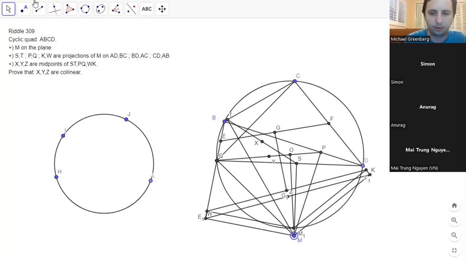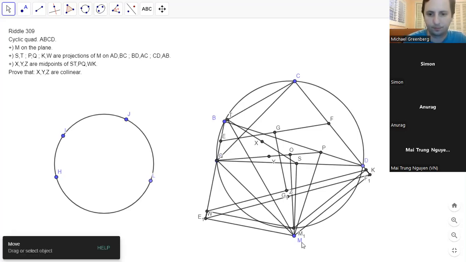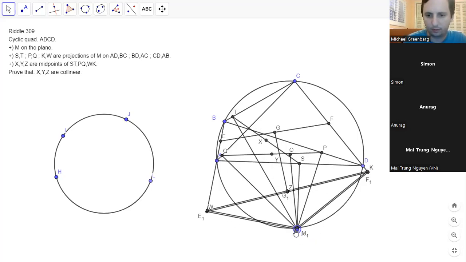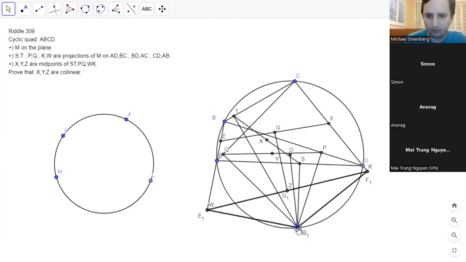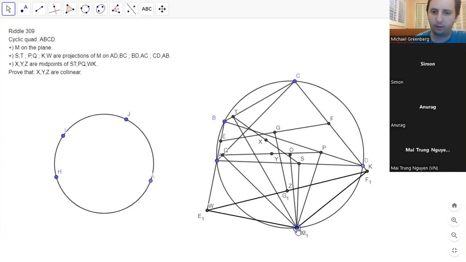Let me draw this here. I don't think I'm ever going to do it exactly perfectly, but that's pretty close, right? So then we'd want to show, like in this diagram, that X, Y, and Z are collinear, right?